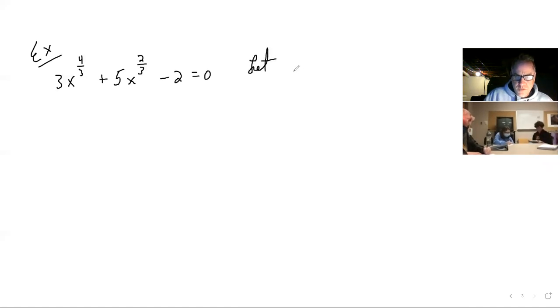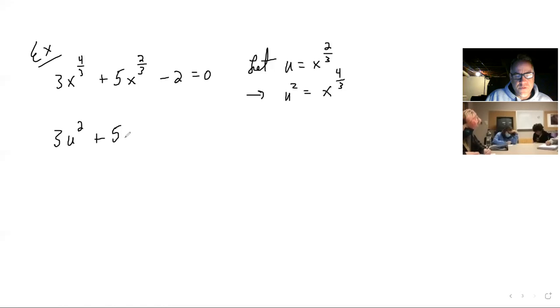Let's let u be x to the 2/3. Then if I square both sides, I got u squared equals x to the 2/3 to the power of 2. You multiply 2/3 times 2, and you get x to the 4/3. So I can, excuse me, make the substitution. I'll have 3u squared plus 5u minus 2 equals 0.